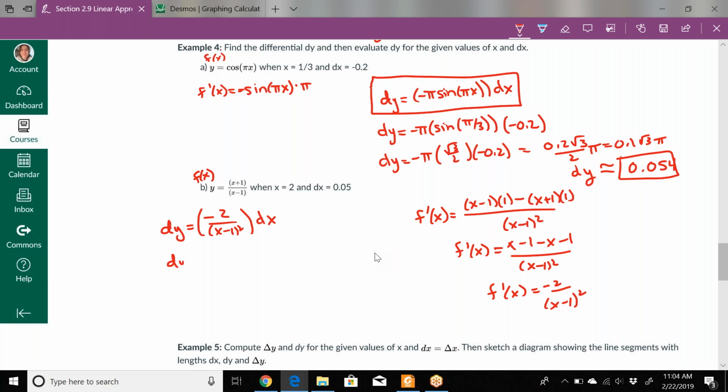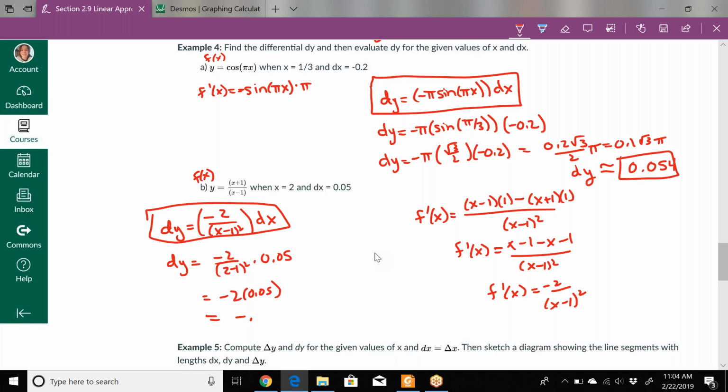And when we plug in x is 2, so I'm going to go ahead and circle that. That gives me negative 2 over 2 minus 1 squared, and then my dx, the change in x, is 0.05. So that's going to just be negative 2 times 0.05.